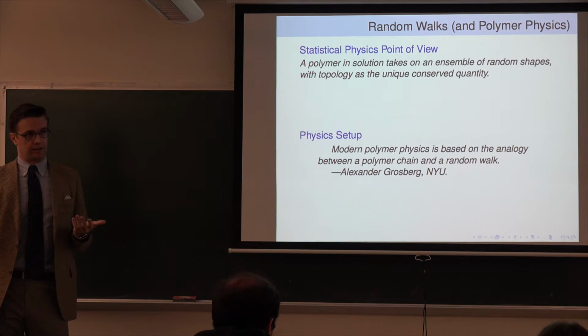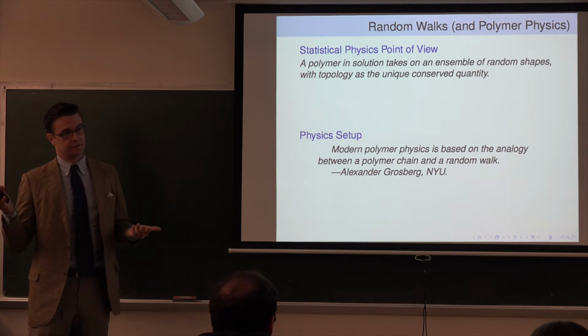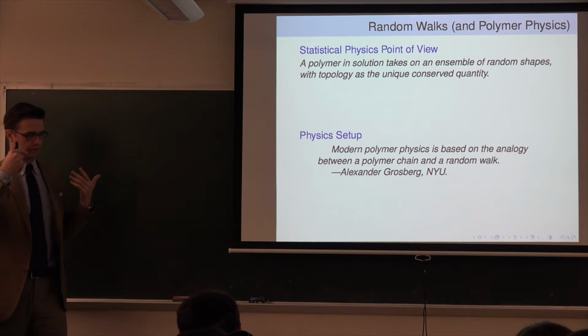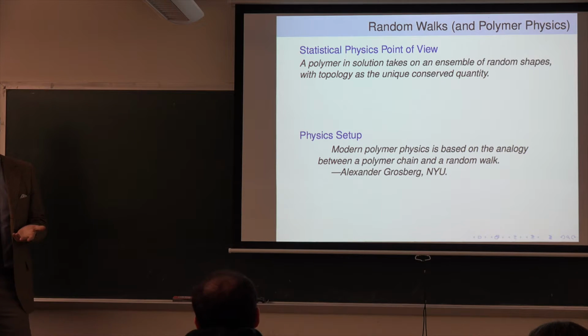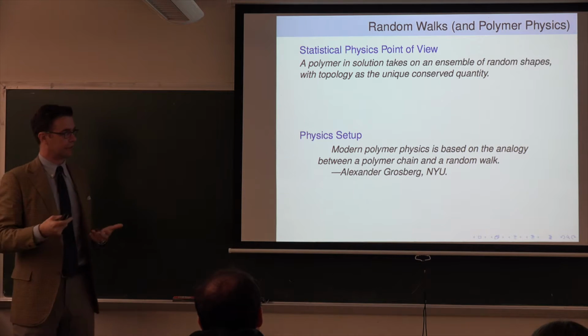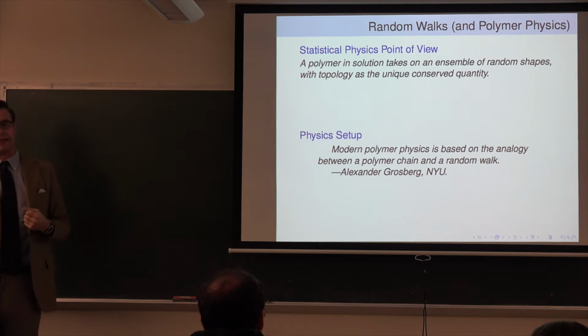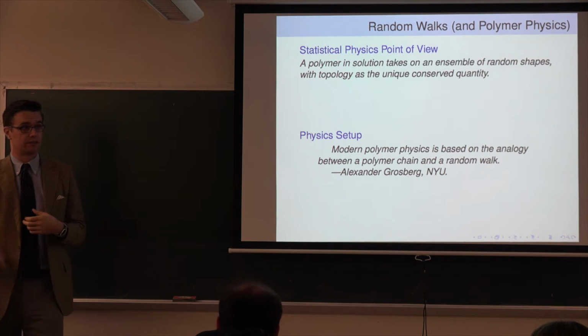This is the Flory idea from back in the 60s and 70s, that at a very gross level you should think of a polymer as being like a random walk. The analogy is that as the ideal gas law is to actual gases, random walks are to actual polymer chains.